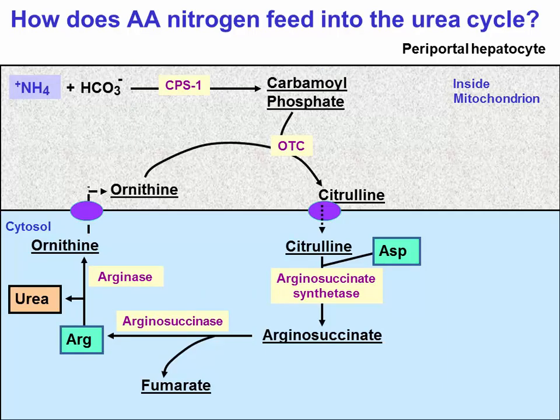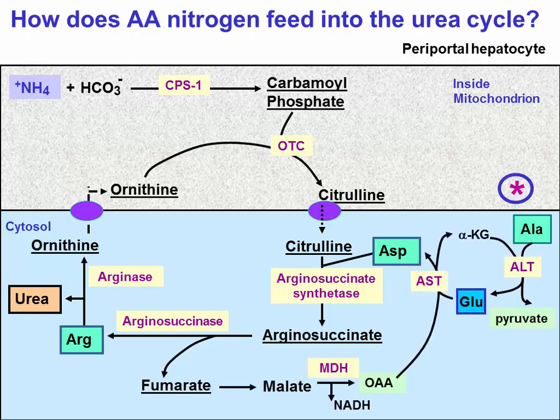All right, the last thing we will get to today is a reminder. We talked about where the nitrogen comes from for urea in a direct sense from the urea cycle, but how does amino acid nitrogen feed into the urea cycle? I'm sorry, I have to highlight this.